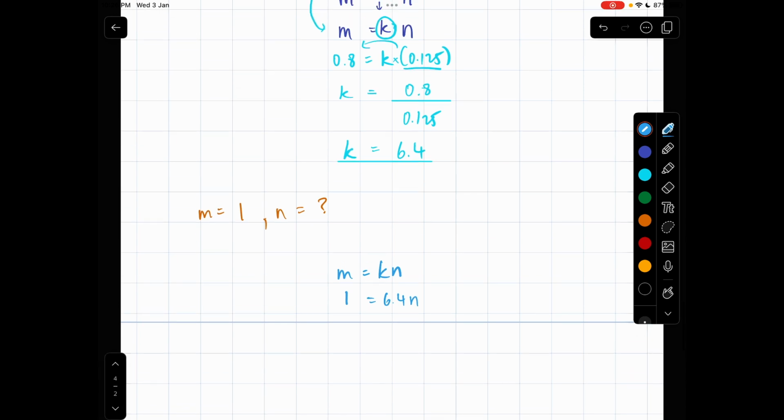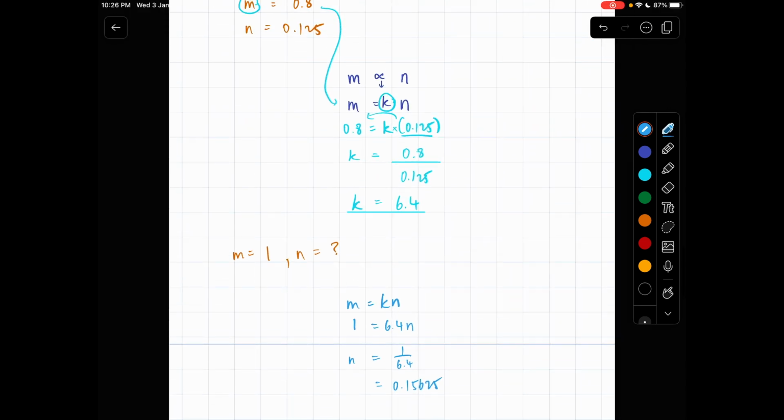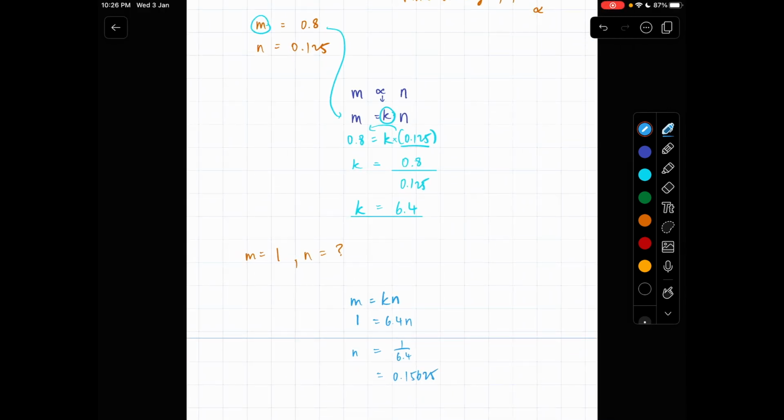So n is equals to 1 over 6.4. Let me get my calculator. 1 divided by 6.4, you will get 0.15625. That's it. So this is how a regular question in variation chapter looks like. So this is direct variation.